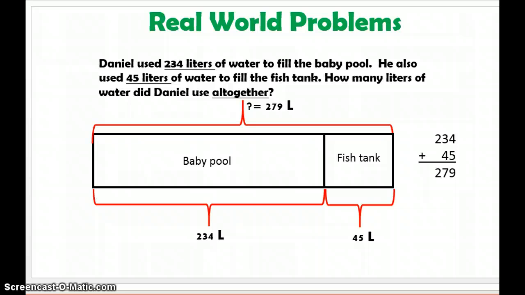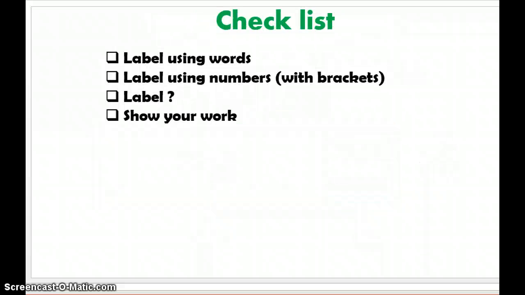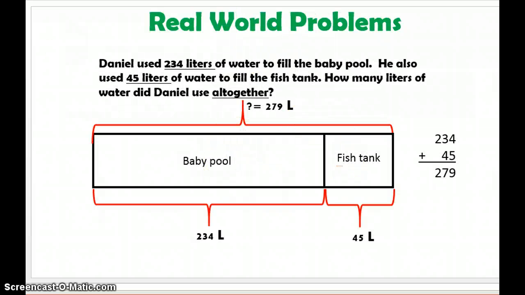Before we end this video, I want to show you a really quick checklist. This is a checklist of some of the things that you should think about while you're solving a real world problem. One, you should label using words. For example, here we labeled with words.